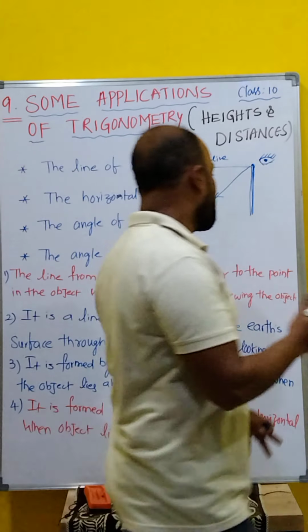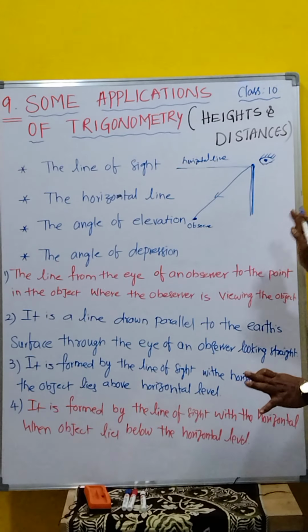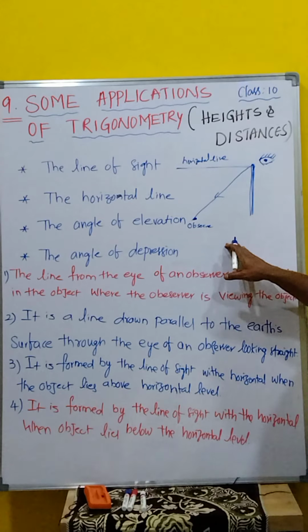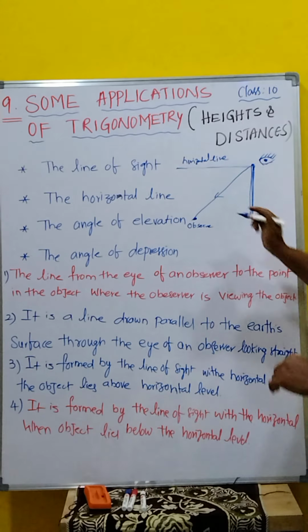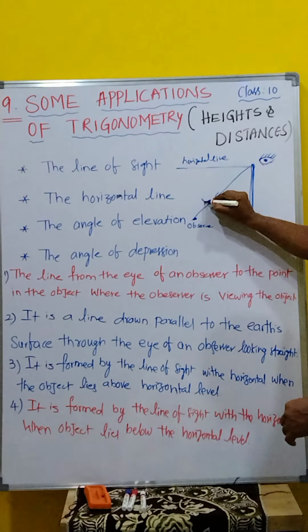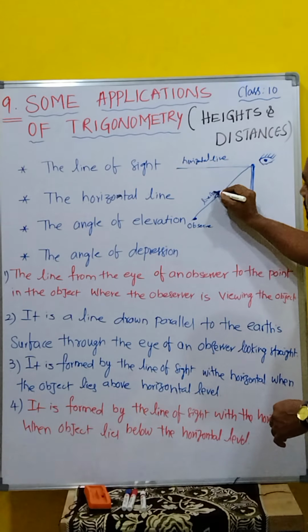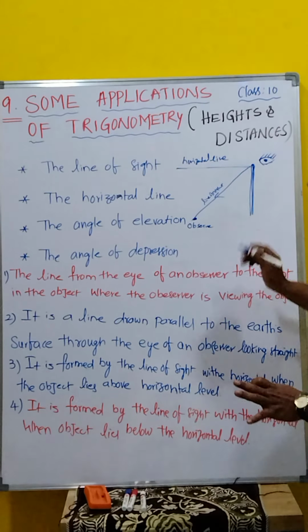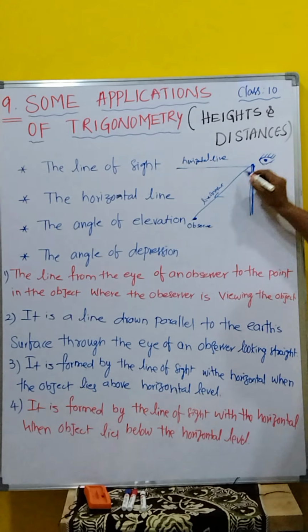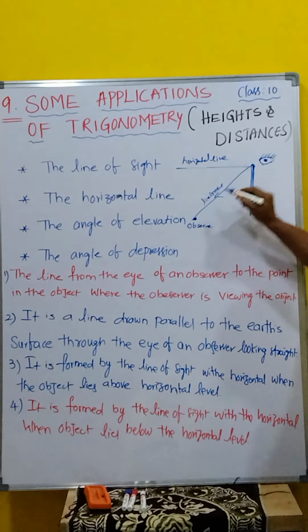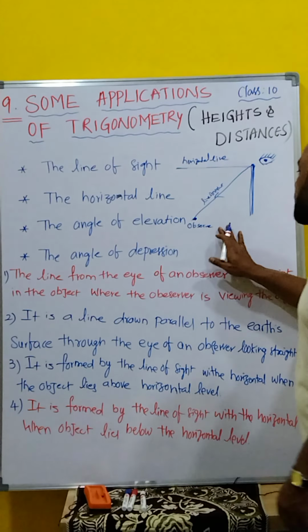Where is it formed? We know it is between the horizontal line and the line of sight. Horizontal line is here and this is the line of sight. Clear, children? Between these two, what is the angle? The observer is observing the down one. Yes, this one. This is the object, sorry.